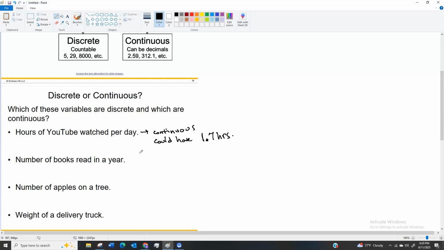Number of books read in a year. Now, again, that could be up for discussion because you could say I'm partway through a book, so I've read 22 and a third books.